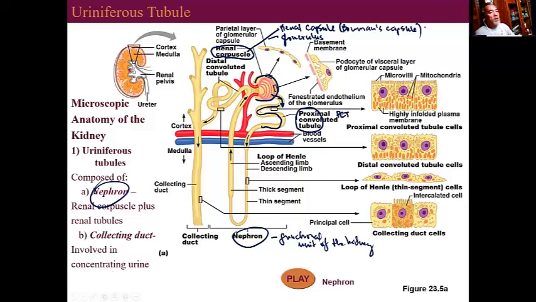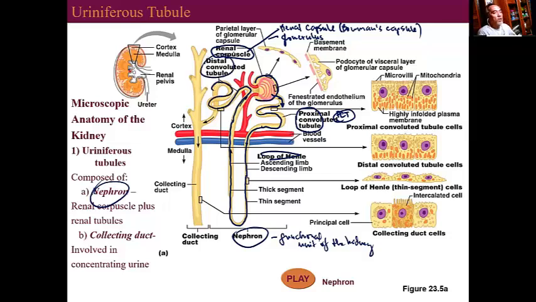There are going to be thousands of these Bowman's capsules draining from the glomerulus. And then from there, the Bowman's capsule connects to the PCT, the proximal convoluted tubule. And then from there, it becomes the loop of Henle, which has the descending limb and the ascending limb. And then from there, it connects into the distal convoluted tubule.